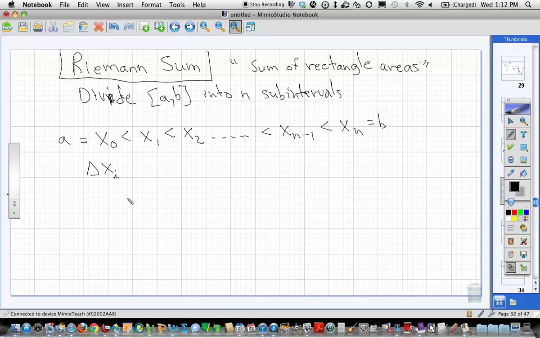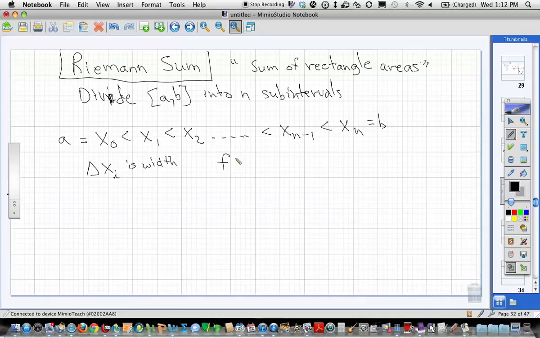Here we had 4 of them: first, second, third, fourth. I think in your book it talks about the ith subinterval. So delta x sub i is the width. But understand they could be different. There could be delta x1, delta x2, delta x3, and so forth.